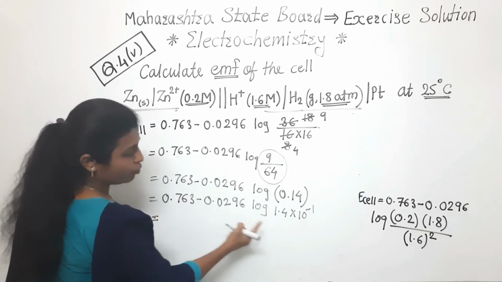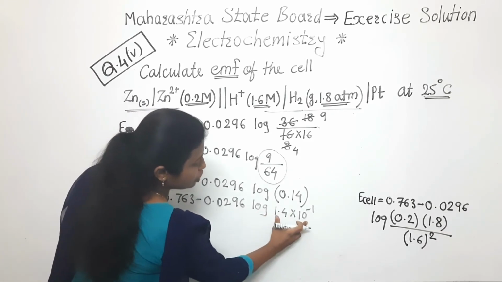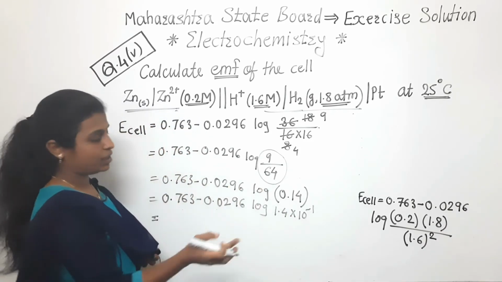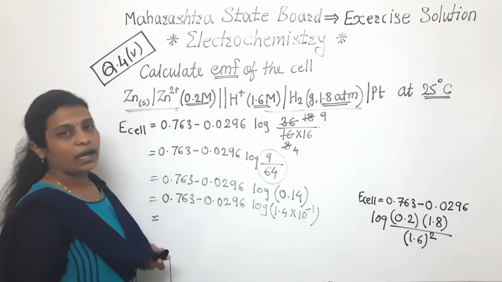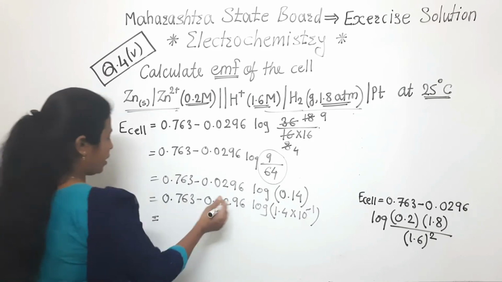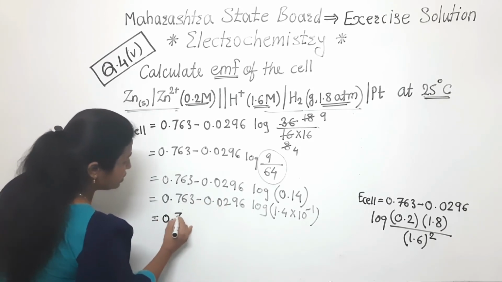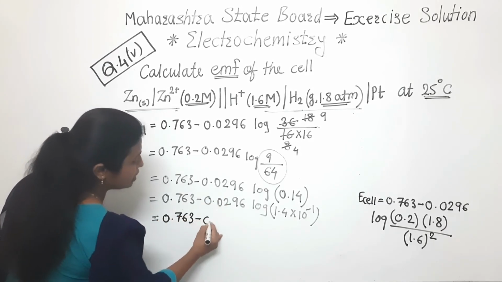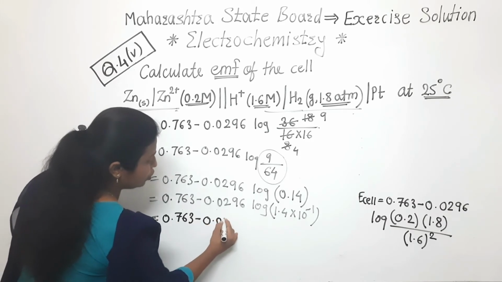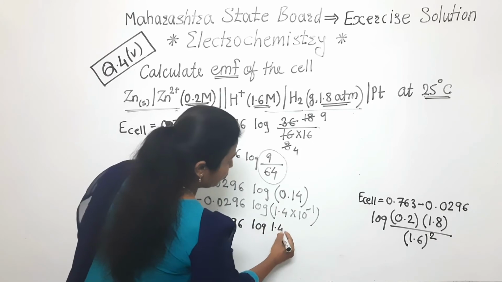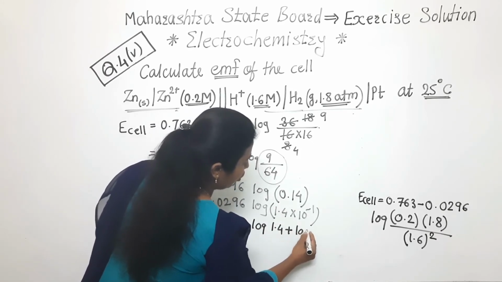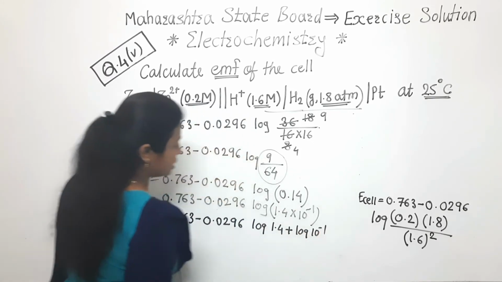In that next step, these two terms are multiplied to each other, and if we apply log to these two terms, then their addition will be there. After that, 0.763 minus 0.0296 log of 1.4 plus log of 10 raised to minus 1.